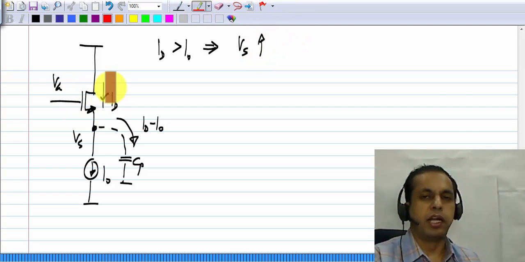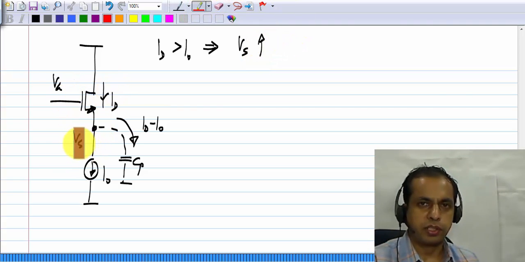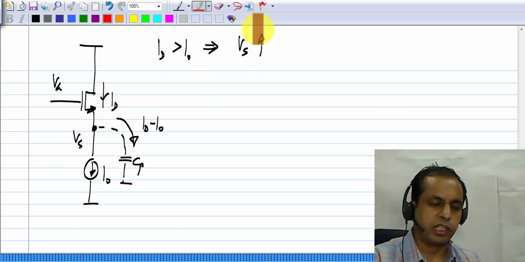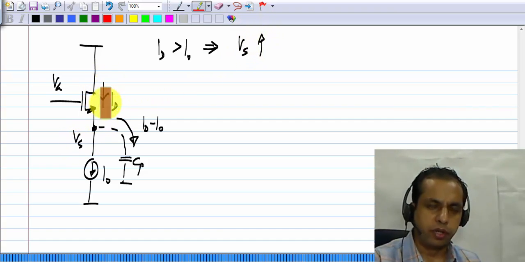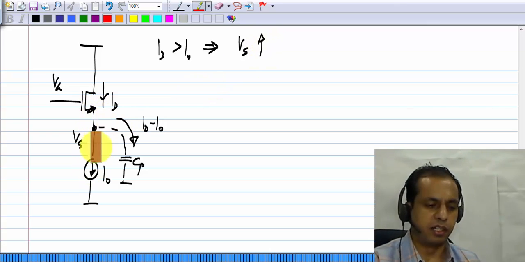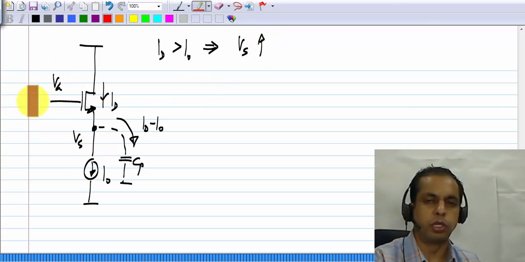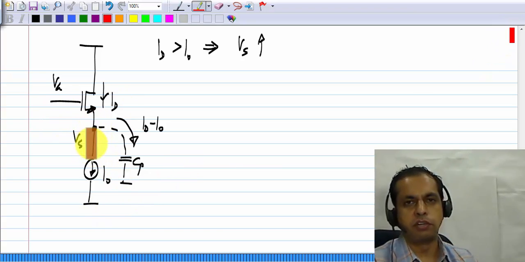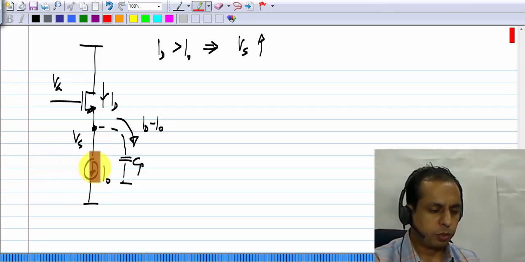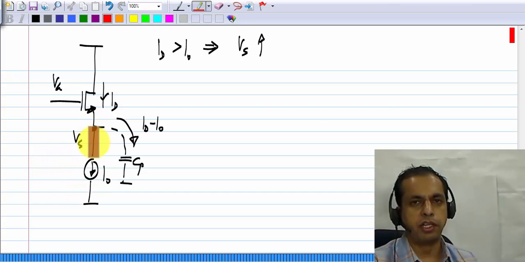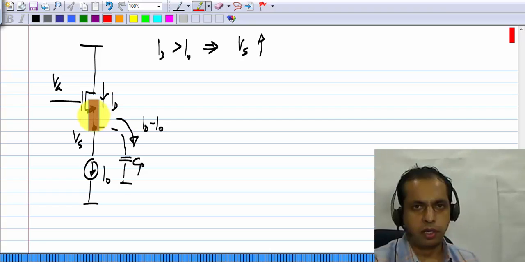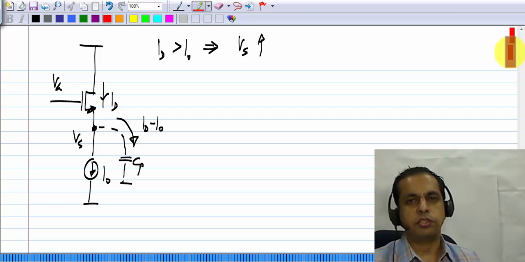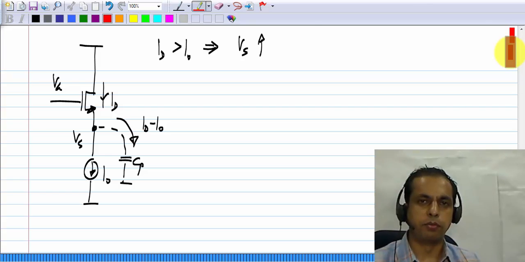Now, the current ID is also dependent on the source voltage. As source voltage increases, ID tends to reduce. So, there is already feedback just by this connection, and in fact, if the gate voltage was fixed, this is our older circuit. This is sensing at the source and feeding back to the source. So, when you connect a current source to the source terminal, there is already feedback to the source. This you cannot remove because the source terminal belongs to the controlling part of the MOSFET as well as the controlled part of the MOSFET.